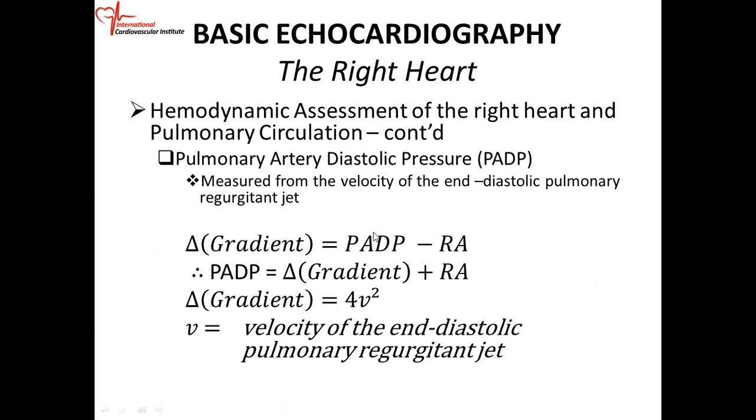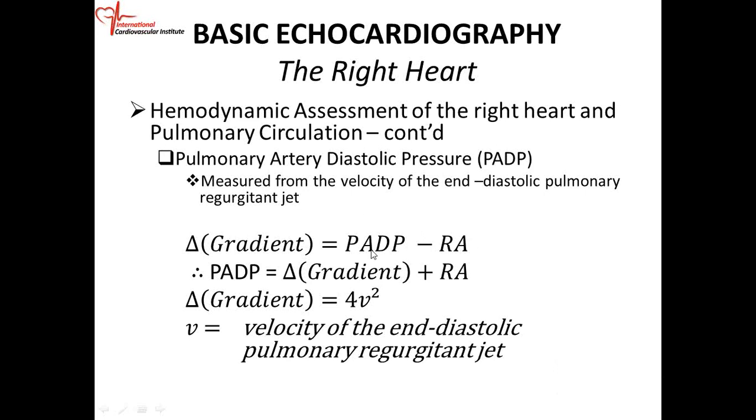Because for you to get pulmonic insufficiency, blood is flowing from the pulmonary trunk across the pulmonary valve into the right ventricular outflow tract in diastole. So the pressure in the PA in diastole has to be greater than the pressure in the RV in diastole, which is the same thing as right atrial pressure. So we just use them interchangeably.